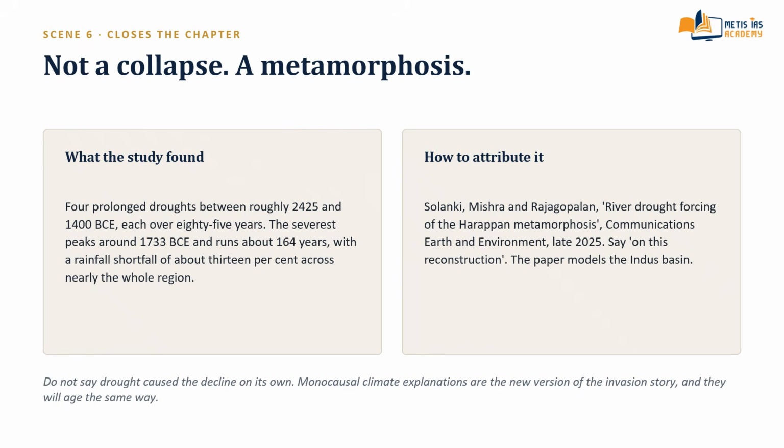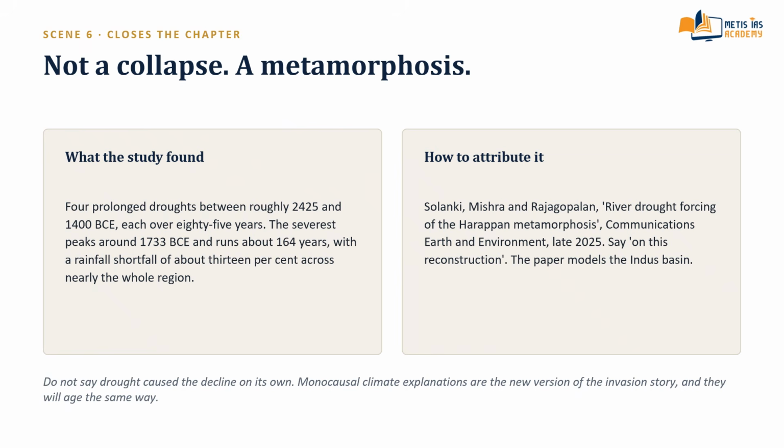There are no mass graves, no burnt cities, no destruction layers of the kind warfare leaves, and the society shows remarkably little militarization overall. The archaeology does not support a violent end. What replaced it is a climate account and it has recently been sharpened. So name the study because you will be asked and because naming it is the answer writing lesson.